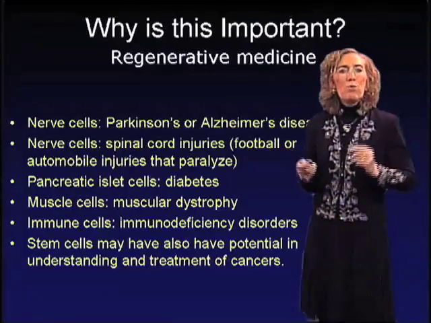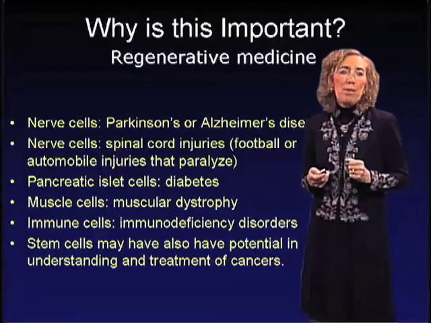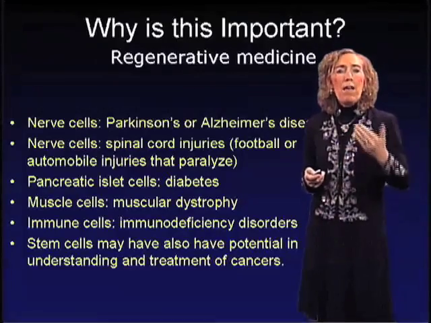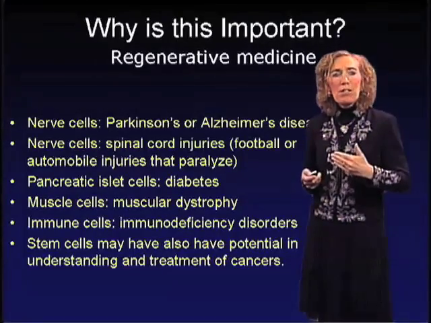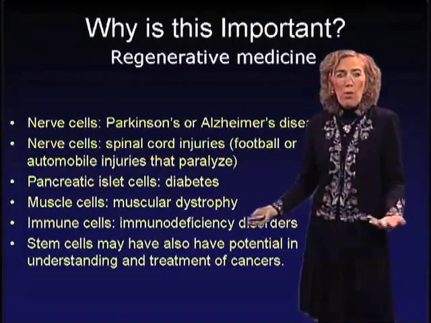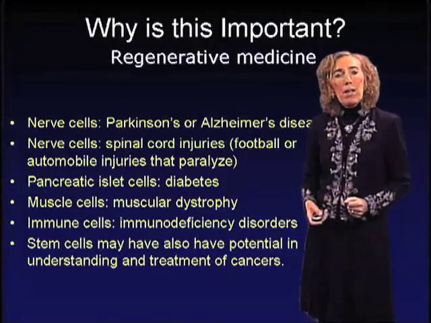So for all of these reasons, that's why scientists are so excited about the potential of embryonic stem cells, and we need to know more about the basic biology of stem cells in order to find out whether any of these potentially wonderful uses of stem cells might actually become a reality.